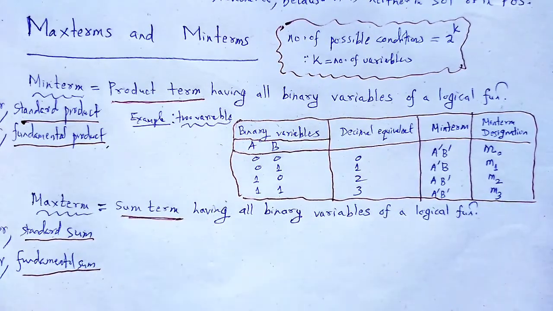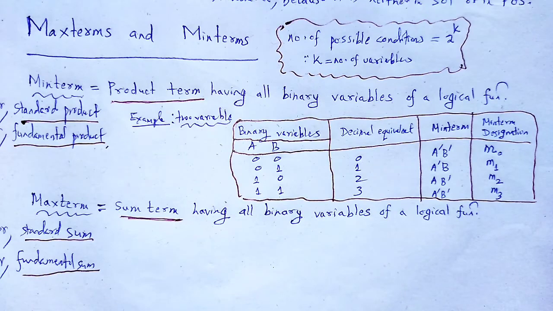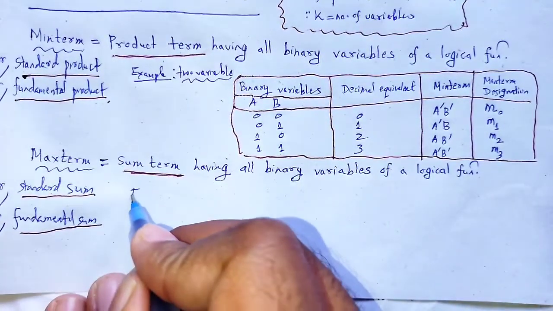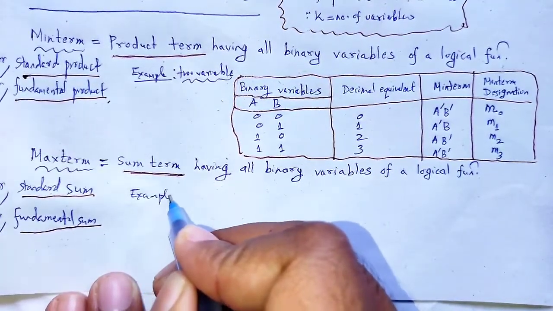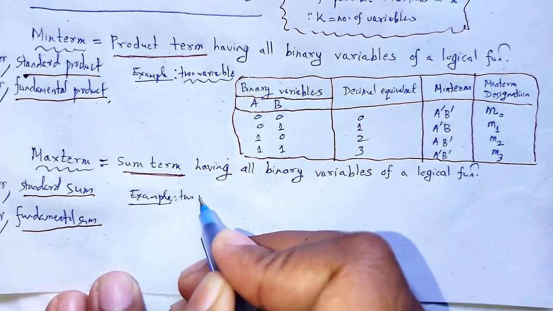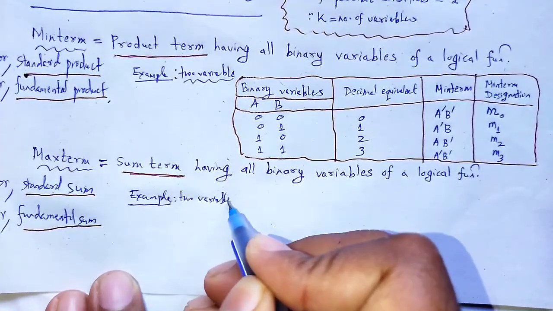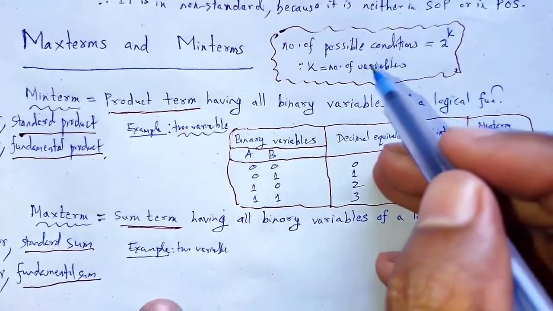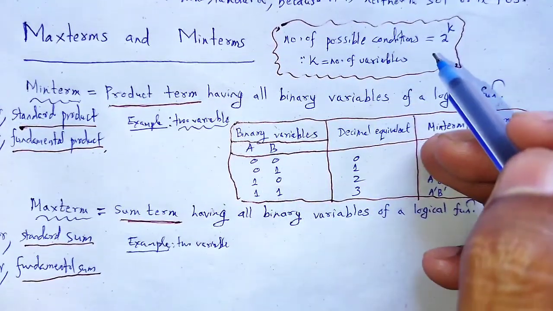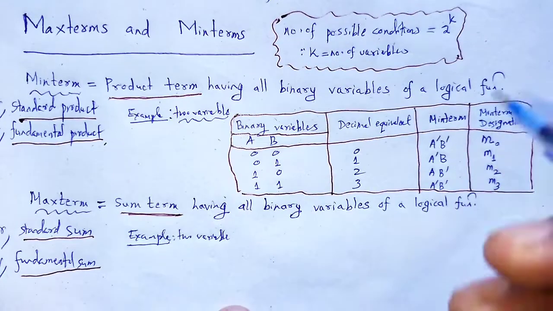Okay. Similarly, for max terms, for example, let me take two variable inputs. The possible conditions will be 2 to the power 2, that is 4.